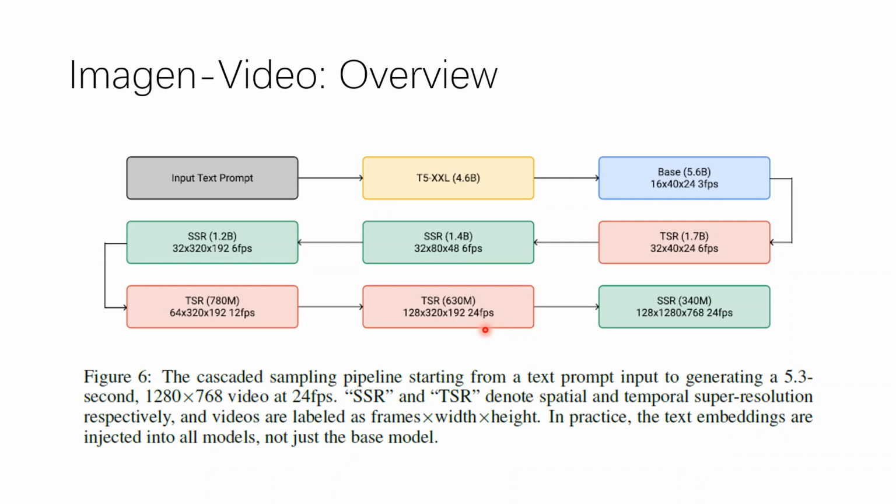Let me go through this overview again. Each block here is a diffusion model. Once you have this prompt, you use this language model to make the language text encoding. And this diffusion model is conditioning on this text encoding, and it converts Gaussian noise into a low resolution video.